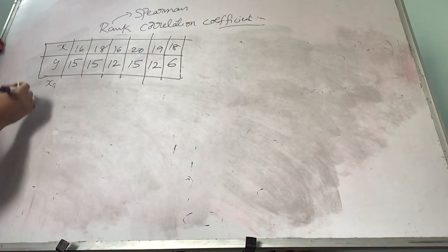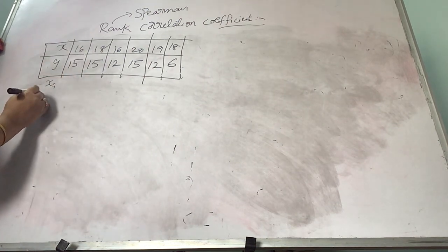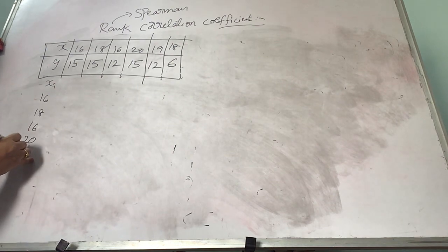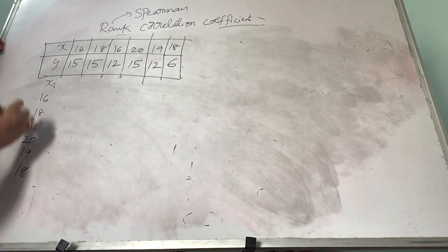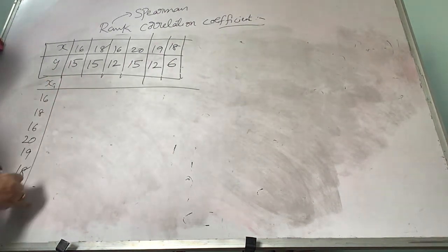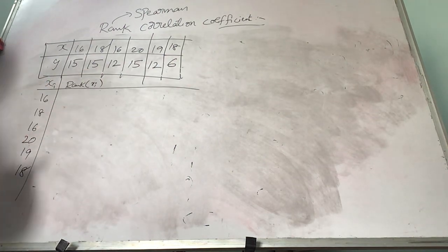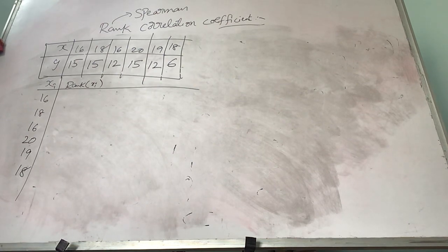Here xi values means X observations: 16, 18, 16, 20, 19, 18. Now we assign the ranks for these observations. How to assign the ranks? In this, what is the highest value? 20 is the highest value.